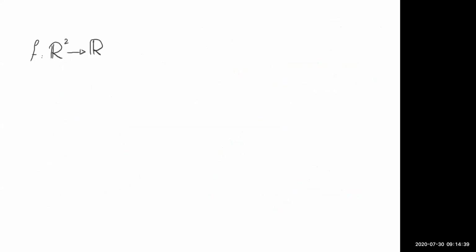We show them with x and y, and it means it has one output. We show it with z. So we define z to be f of x and y. Let's say f of x and y is y squared minus x squared.